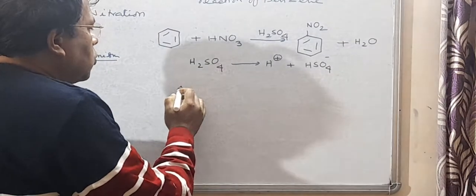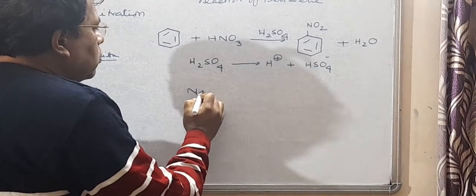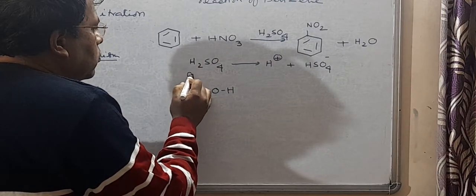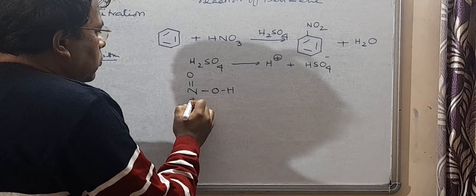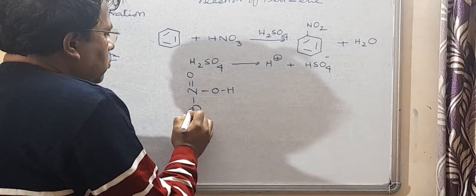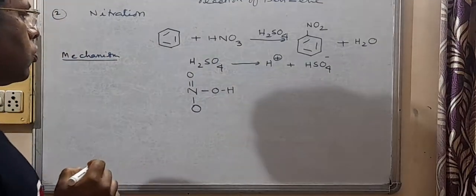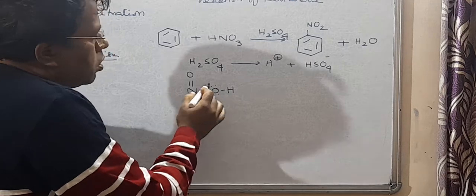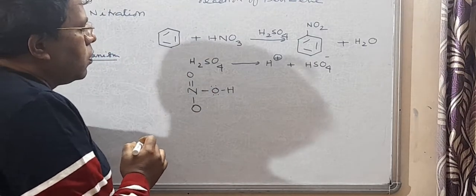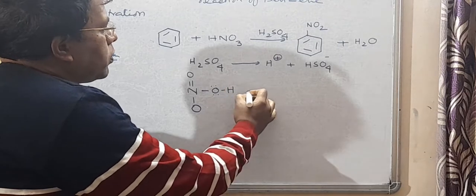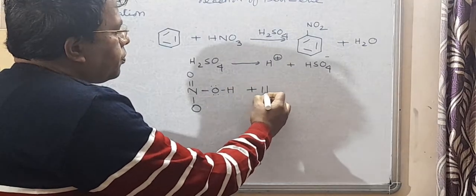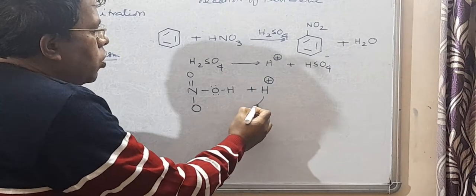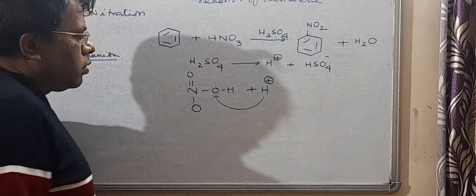Then this HNO3, whose structure is like this. This is HNO3. Now this double bond oxygen has 2 lone pairs. So this proton comes and gets joined here with this lone pair.